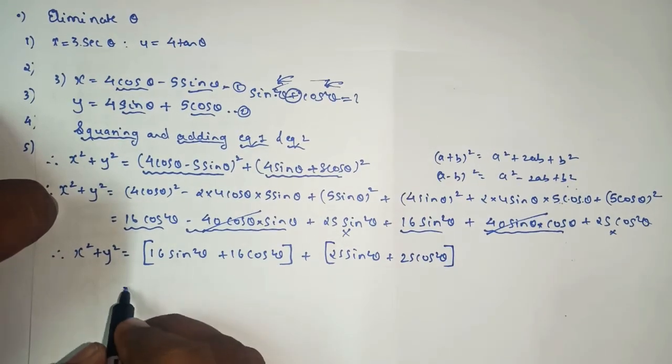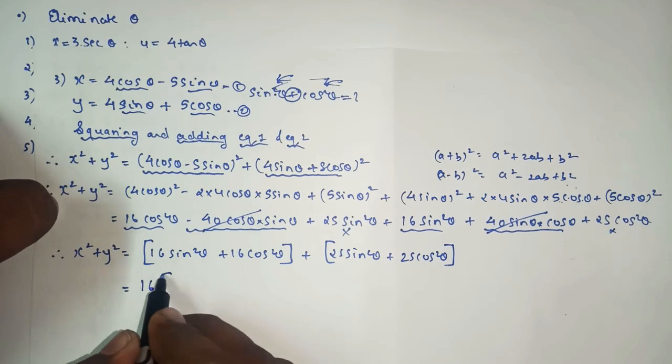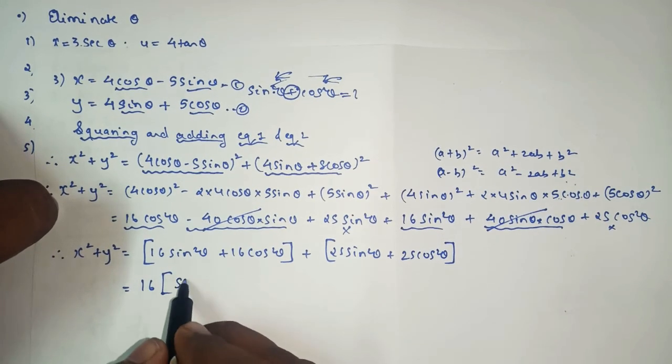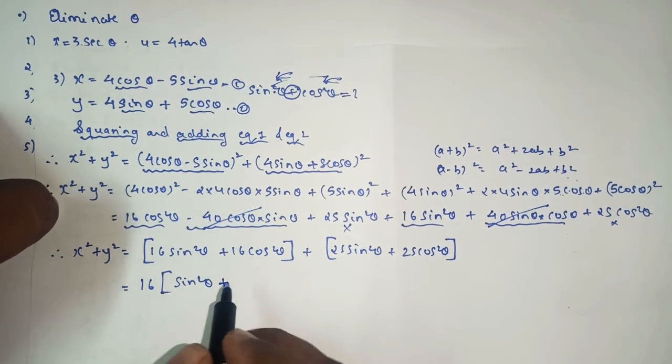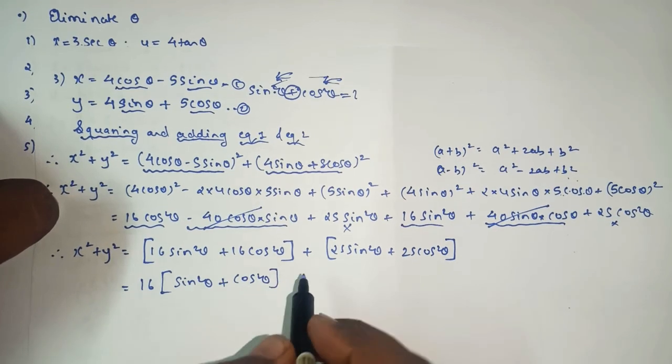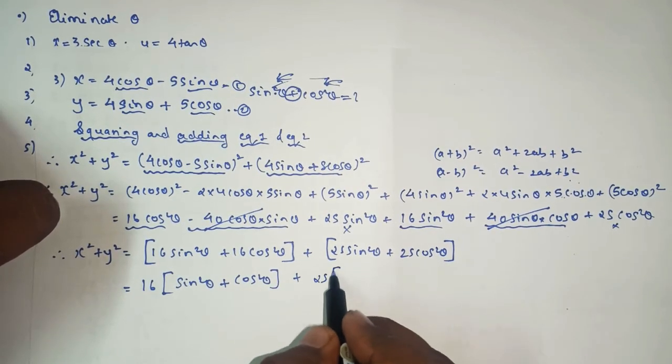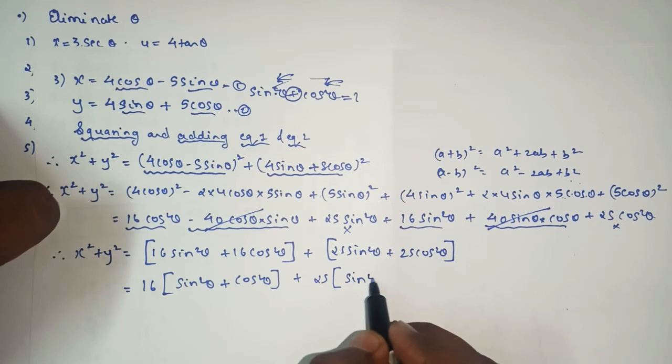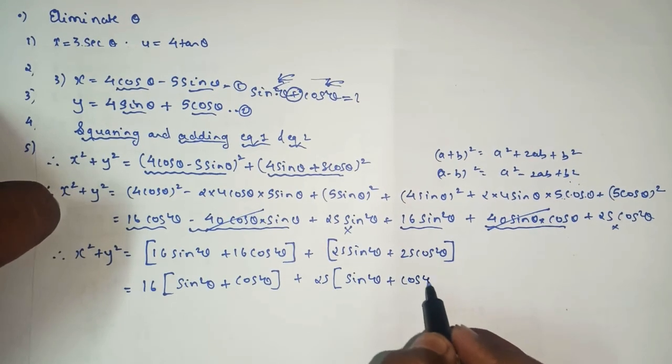Okay, so here we can take 16 as common. So inside the bracket you will get 16 sin square theta plus cos square theta. Here we can take 25 as common. So inside the bracket here you will get sin square theta plus cos square theta.